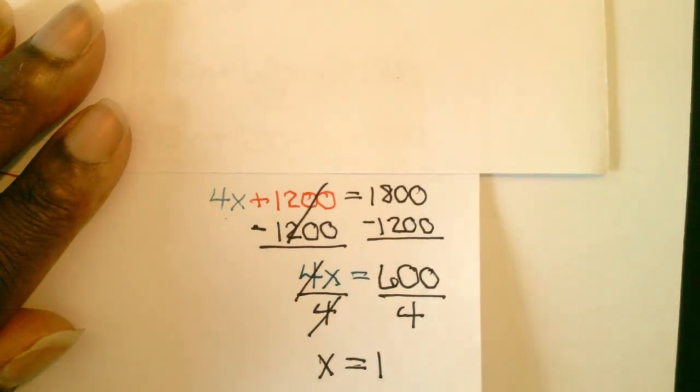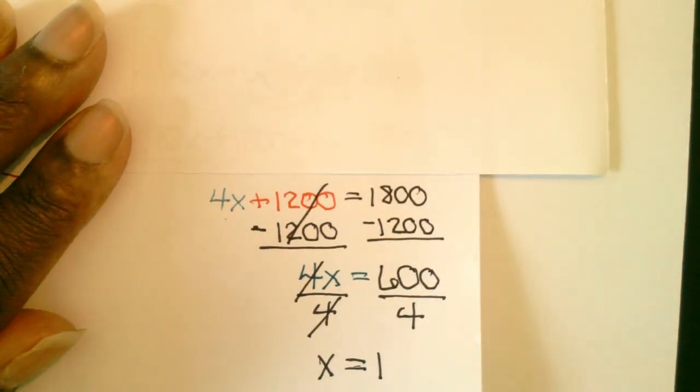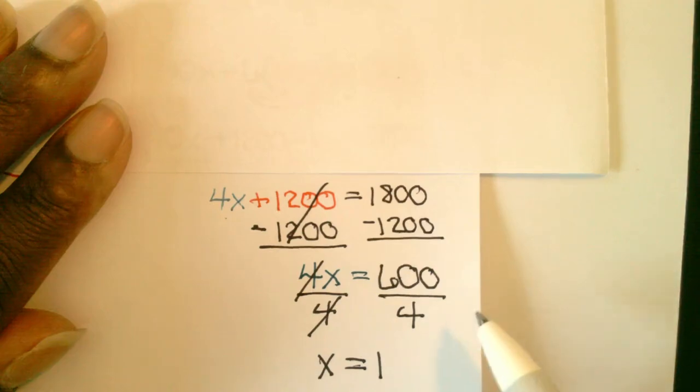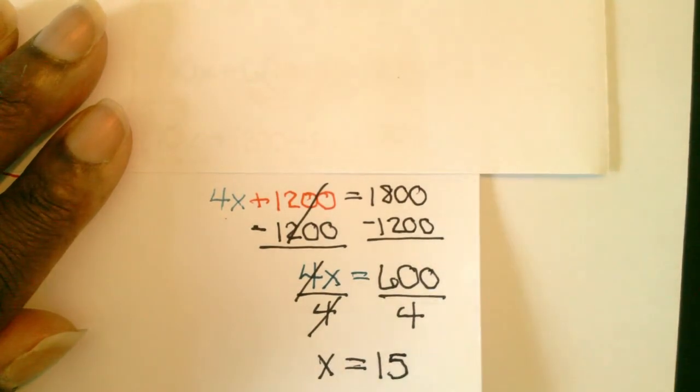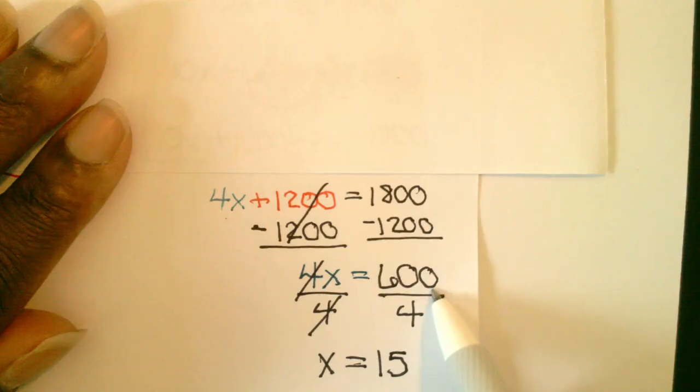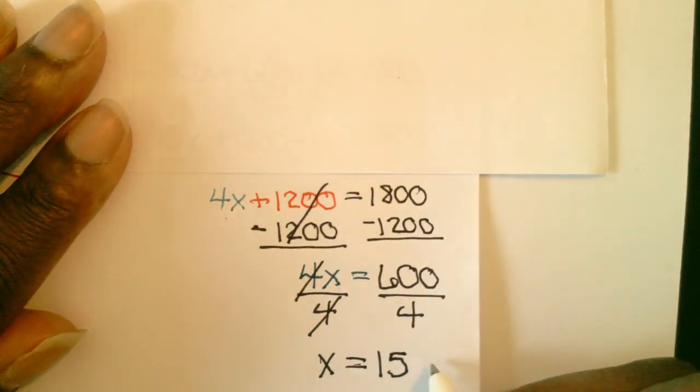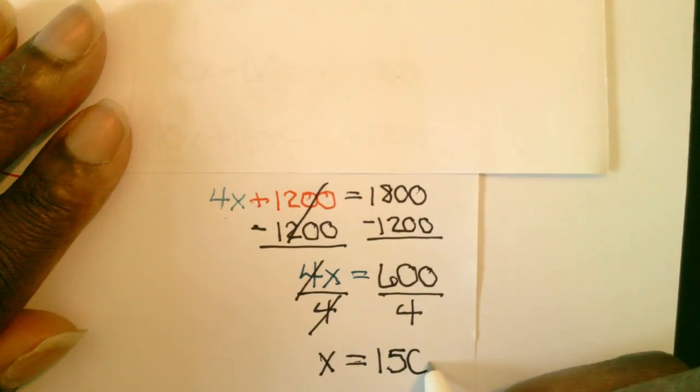Just 1, with a remainder of 2. Then bring down the 0, so now that 2 is a 20. How many 4s can go into 20? That's 5. And we still have the other 0 we had to bring down. How many 4s can go into 0? That would be 0.